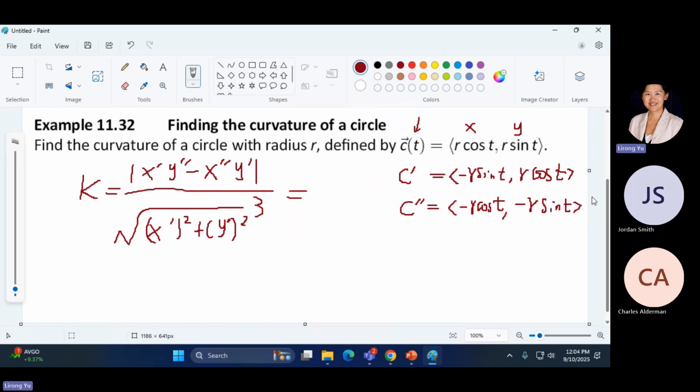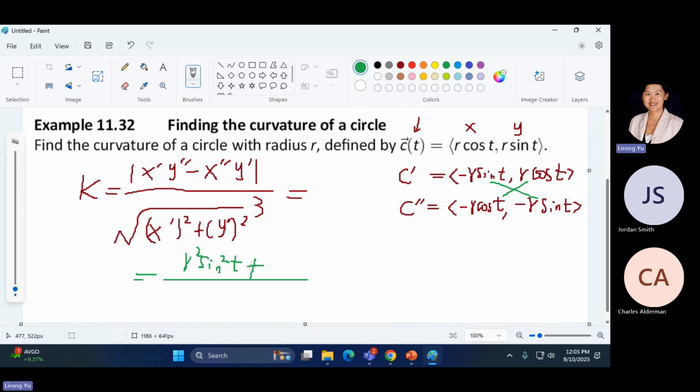Like we said, the numerator is the determinant of the derivative matrix. So you multiply these two, minus what we get when we multiply these two. We multiply r with r, sine with sine: it's r squared times sine squared t, minus negative r squared cosine squared t.